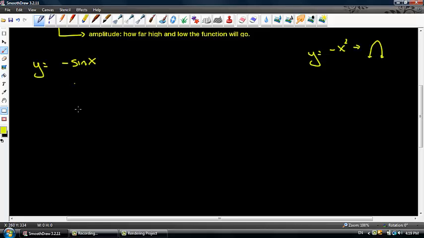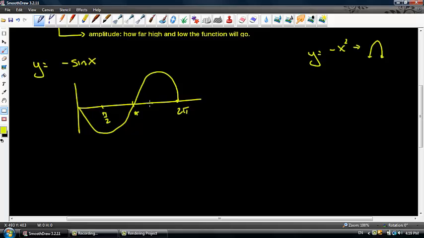Negative sine of x, all that does is from 0 to 2 pi, it flips the graph upside down. So if you remember correctly, sine used to arc up and then come down and come back. So now, instead of arcing up first, it's going to arc down first, and it's going to look upside down. And this becomes 2 pi, pi over 2.